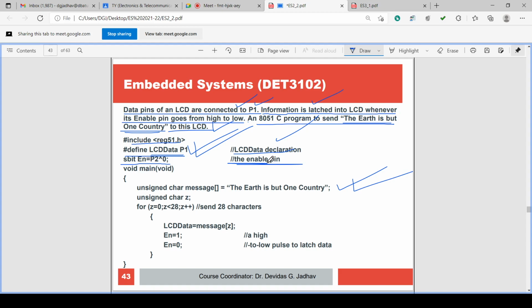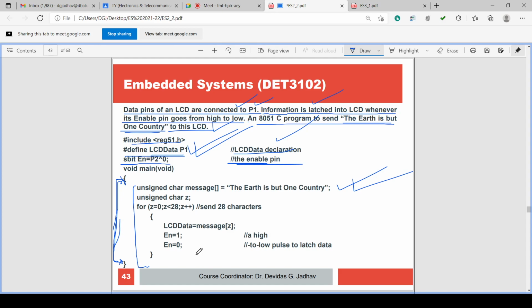P2.1 हा एनेबल पिन EN आहे. हा डिक्लेरेशन झाल्यानंतर व्हॉइड मेन सुरू होतो. कर्ली ब्रास ओपनिंग आहे, कर्ली ब्रास क्लोजिंग आहे. आणि त्याच्यामध्ये जो काही प्रोग्राम असेल तो प्रोग्राम व्हॉइड मेनच्या अंडर आहे.